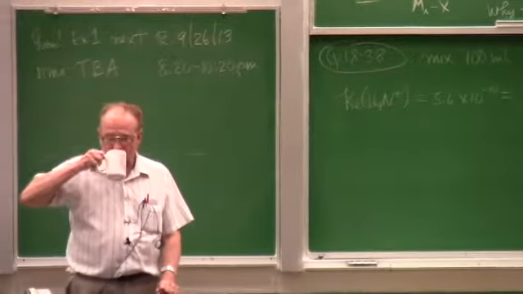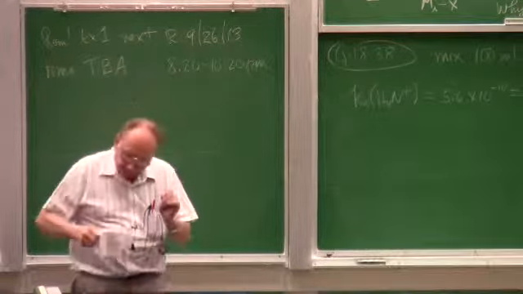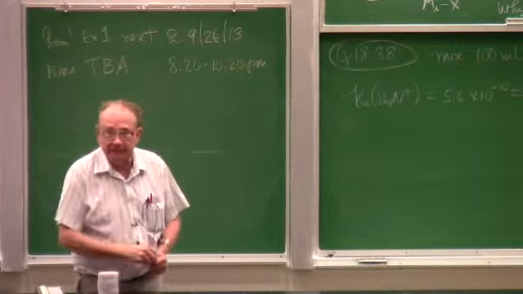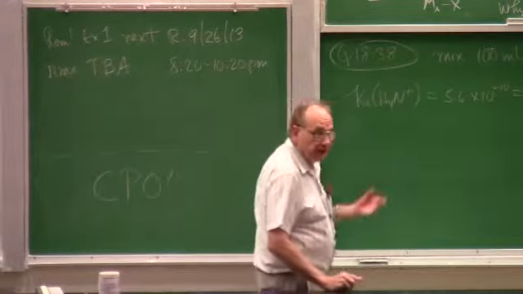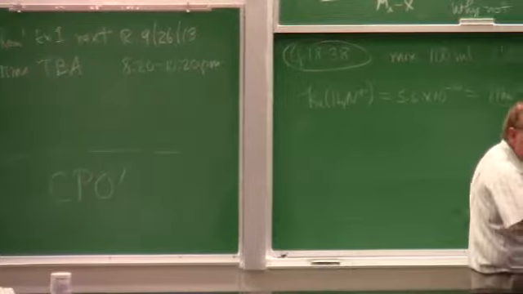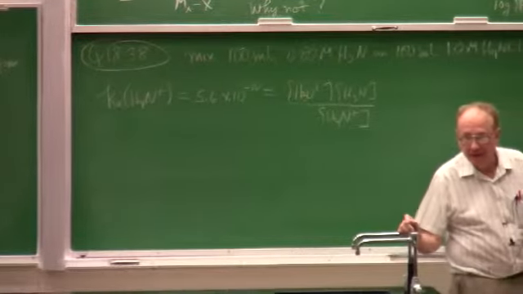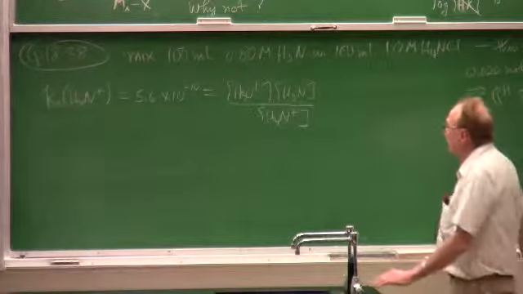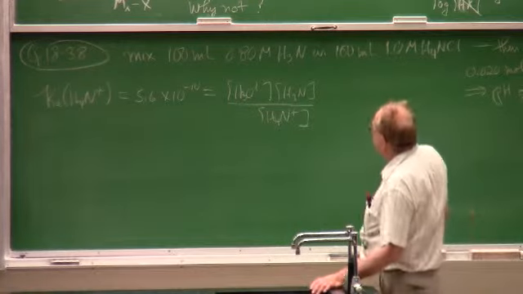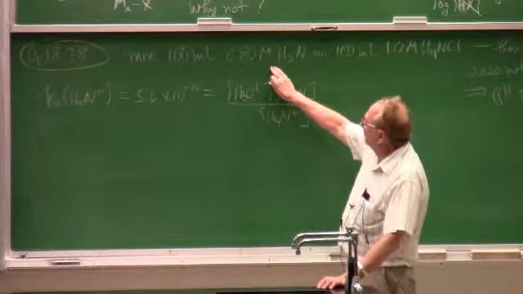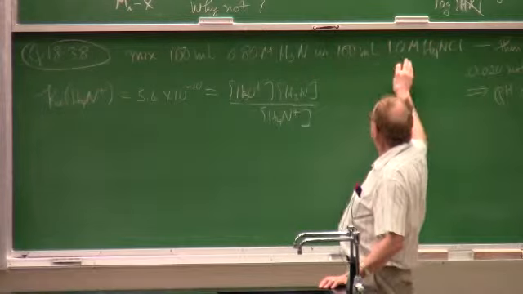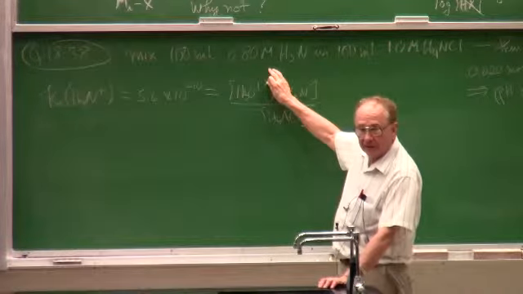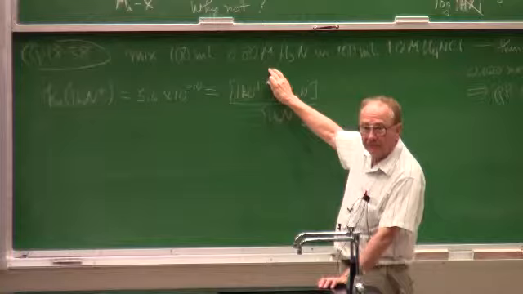Next question. Or maybe let's put it as a directive. Please, when you do problems like this, don't do unnecessary arithmetic. When I make this mix, what will the ammonia molarity become?